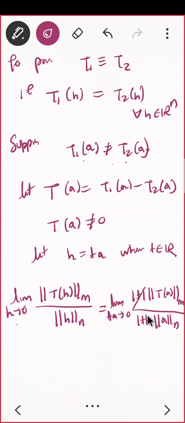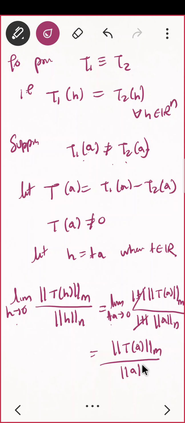So this is cancelled, and you are having this guy, a non-zero number, t of a. So a is a constant, a number, so it will be t tending to 0, but there is no term of t now, so the limit will be this only, norm of t of e upon norm of e n.